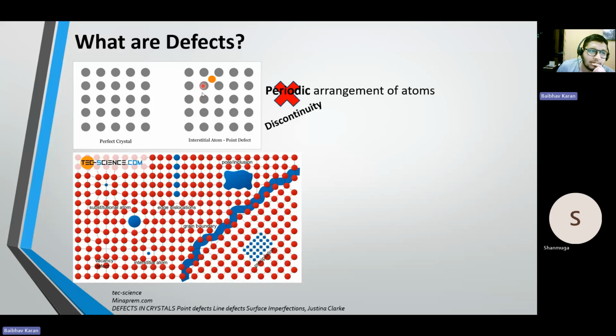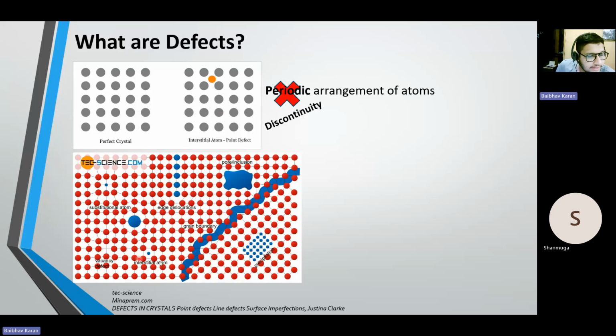It is attached with this atom, this atom, this atom, this atom, and in more ways. One, two, three, four, five, six, seven, eight. In 8 ways they are bonded. If I remove this atom from here, there will be eight broken bonds. So this will create a disturbance in the geometry, or a disturbance in the strain field around here.